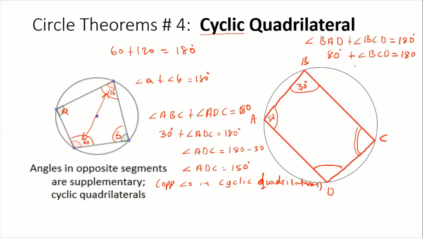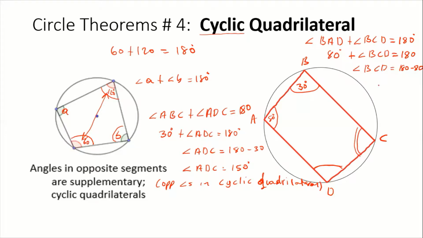180 degrees. Then how can we get rid of the 80? We can subtract 80 from both sides. So you can see that angle BCD is going to equal 180 minus 80 degrees.